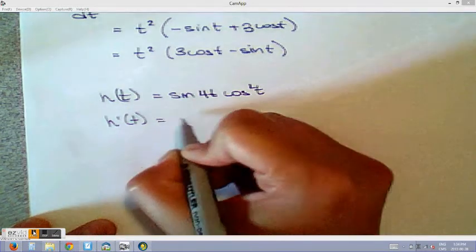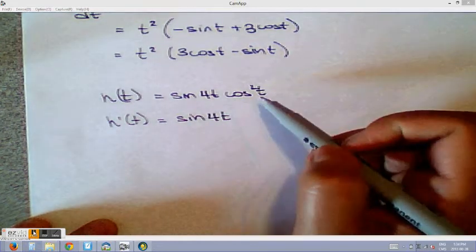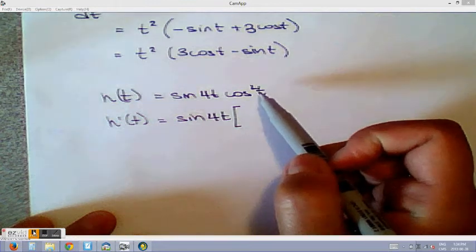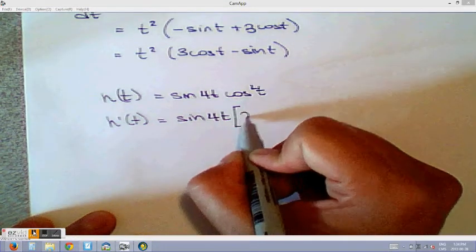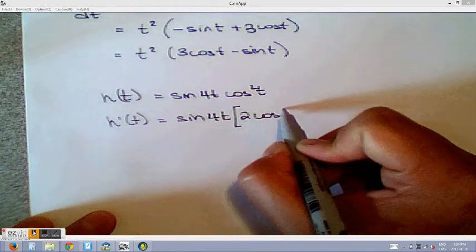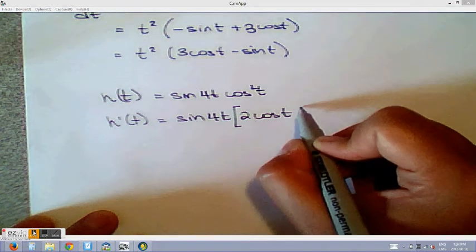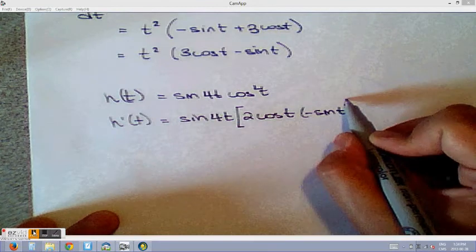So we'll say the first, times the derivative of the second. Okay, I'm using now my power rule or my chain rule. 2 cosine t times minus sine t. So the derivative of the inside, okay?